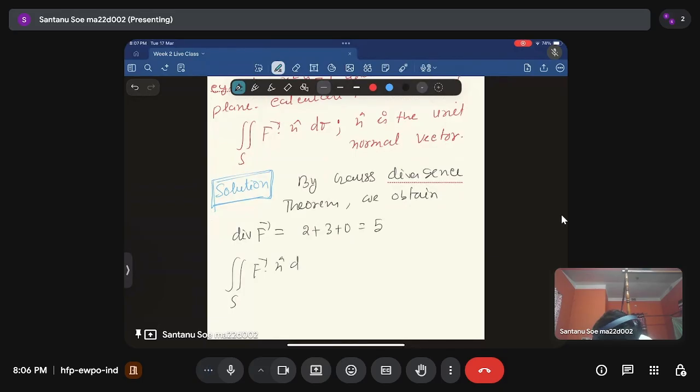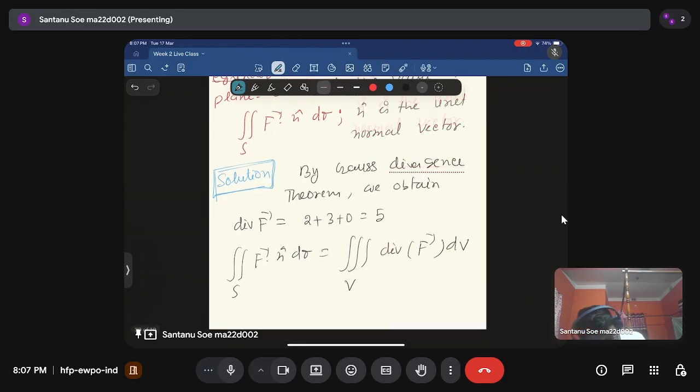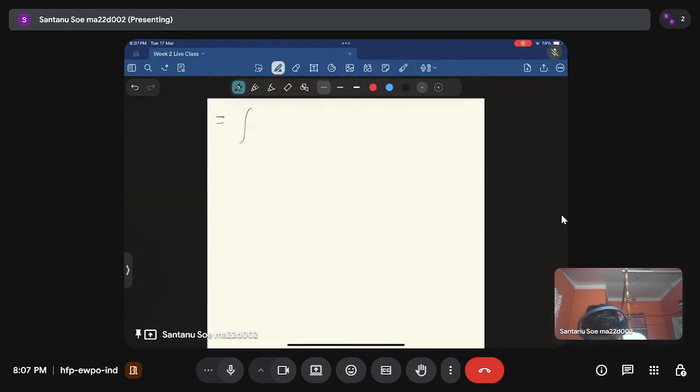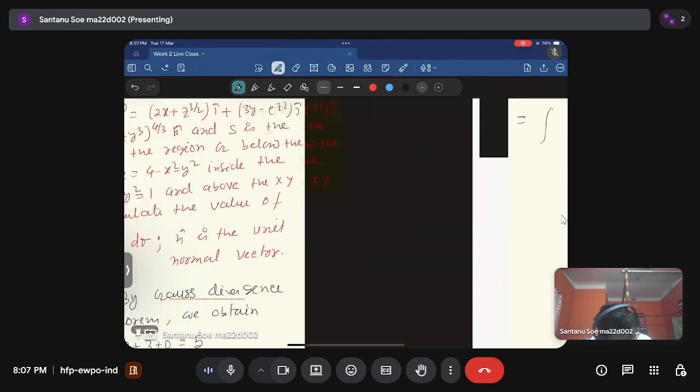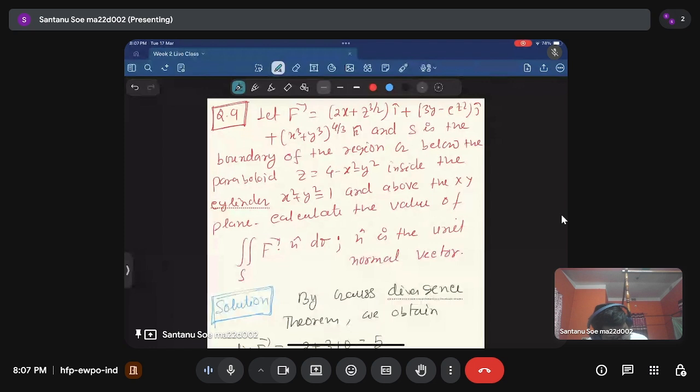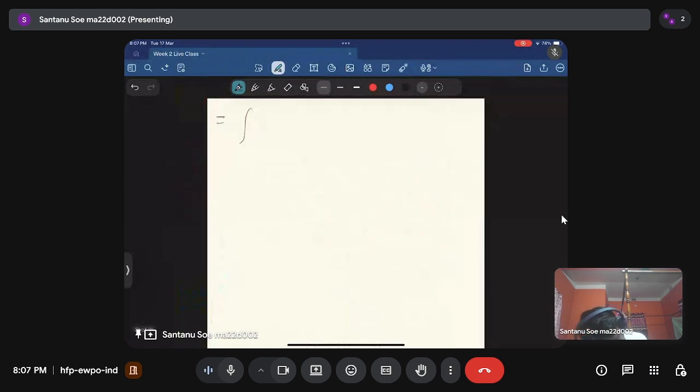So this surface integration f dot n cap d sigma changes into the volume integration of divergence of f dV. Now z varies from 0 to 4 minus x square minus y square, so z goes from 0 to 4 minus r square in polar form.